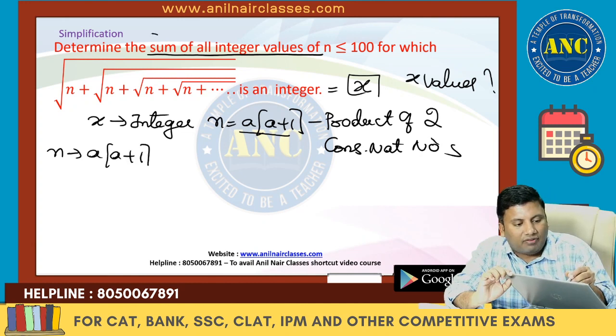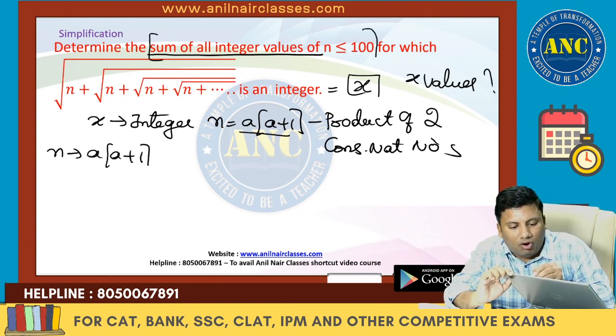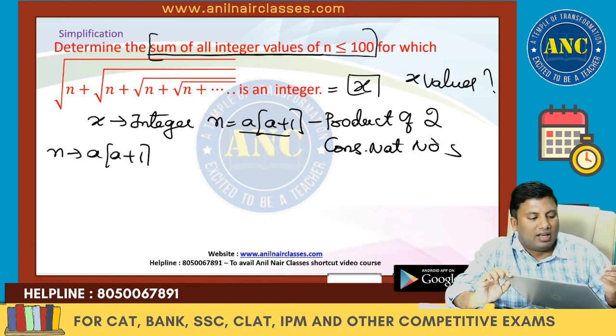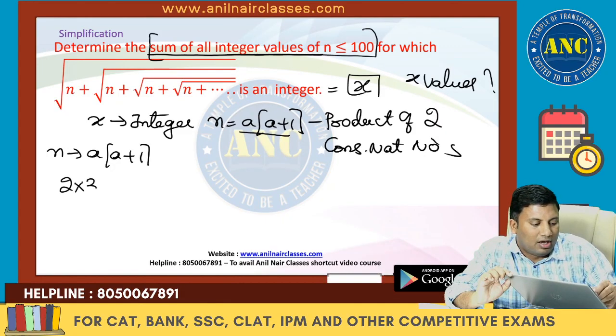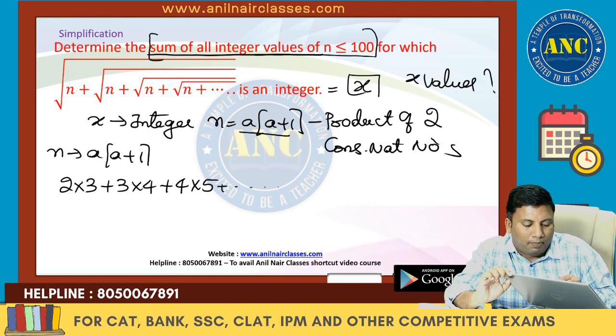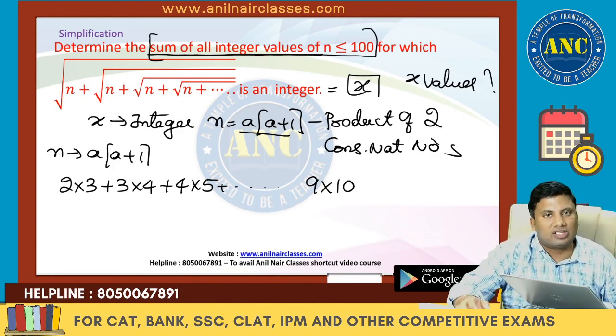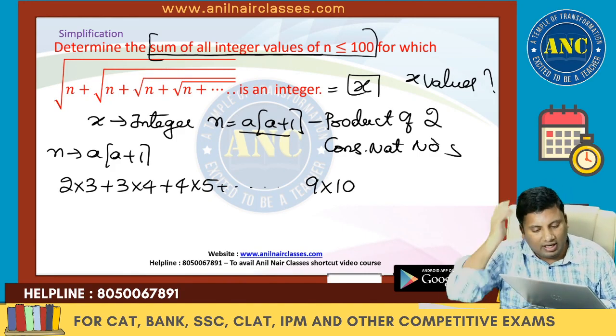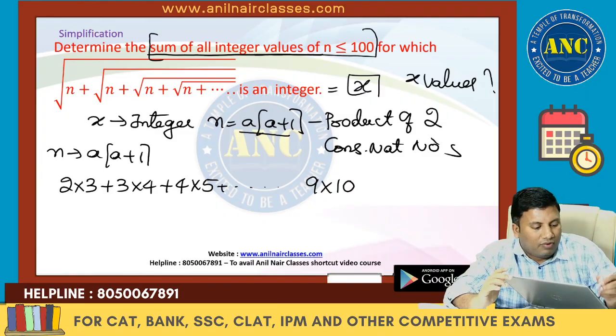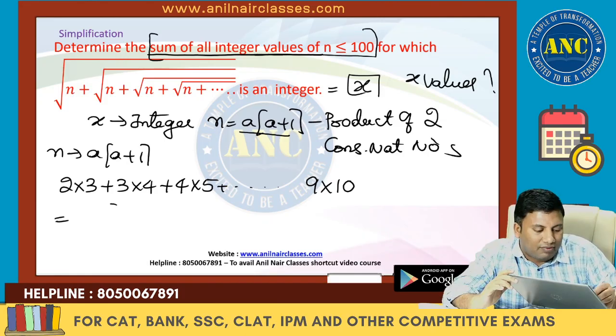He is asking for the sum of all the integral values of n less than or equal to 100. These are 2 into 3, 3 into 4, 4 into 5, and so on up to 9 into 10. 10 into 11 is 110, which is a value greater than 100. We discussed how to find the sum of the series.